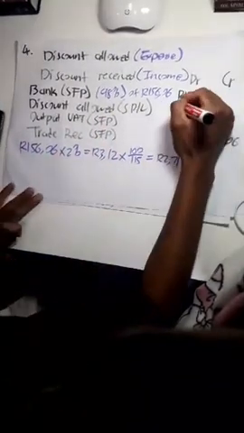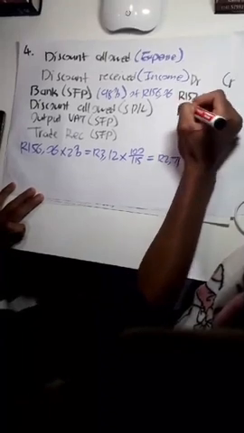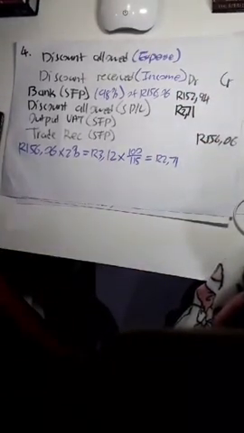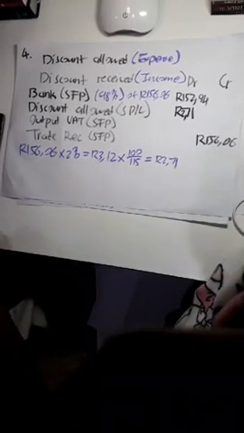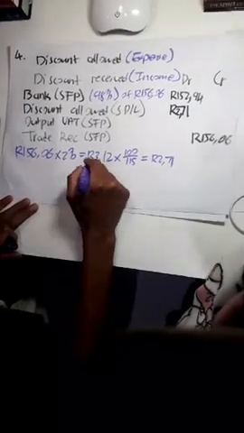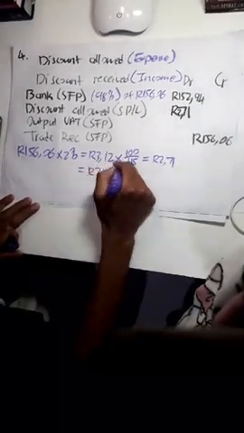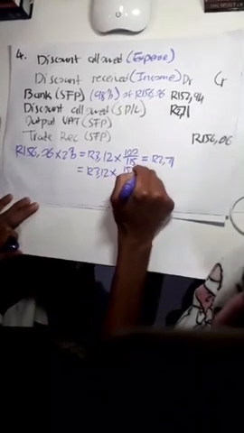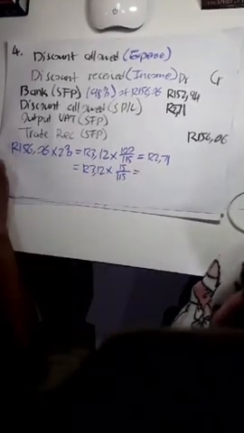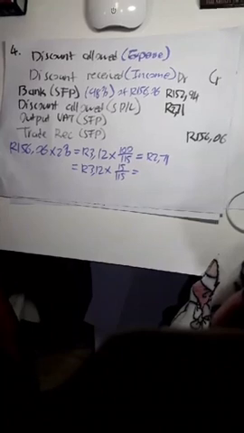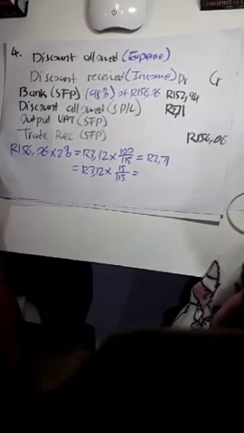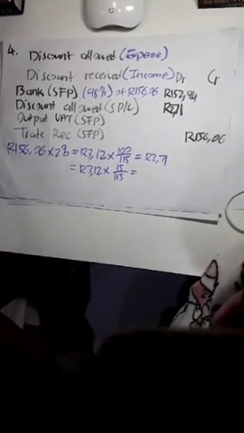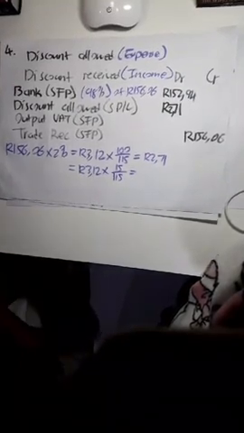So this 2 Rand 71 will be your discount allowed. Discount allowed is an expense, and expenses increase on the debit side. Now you want the output VAT amount. To get the output, you have 3 Rand 12 multiplied by 15, because it's the percentage you want, divided by 115. So 3.12 multiplied by 15 divided by 115. How much do you get, guys? Tulani, you are correct. Z, you are correct.